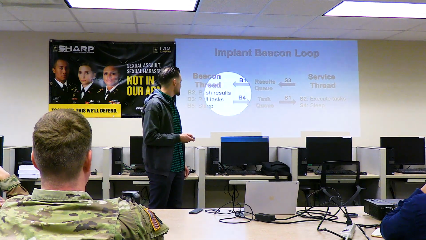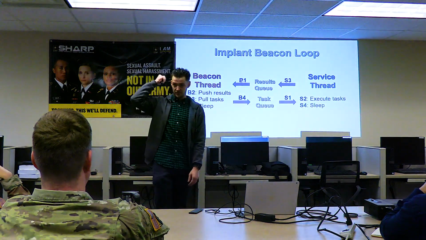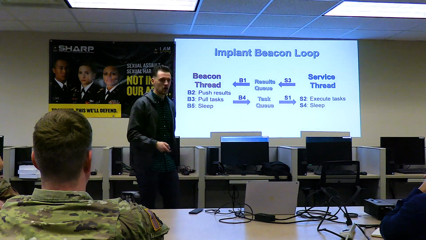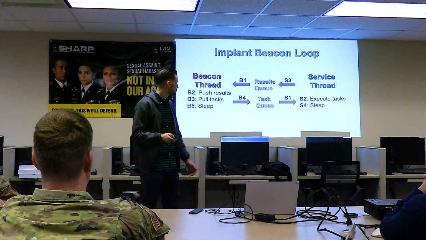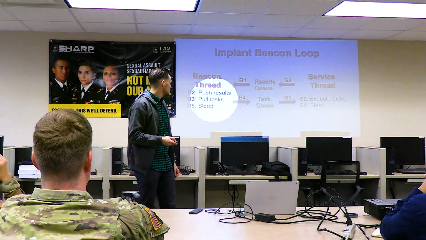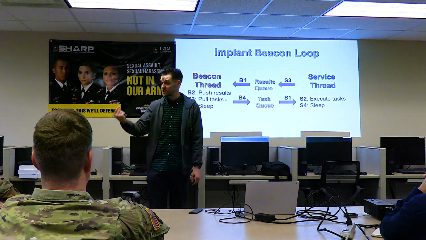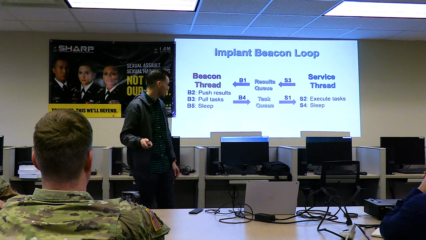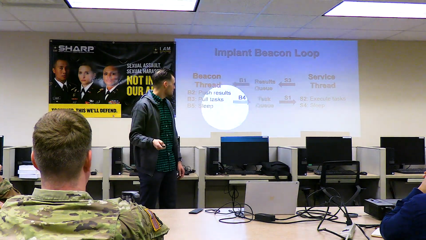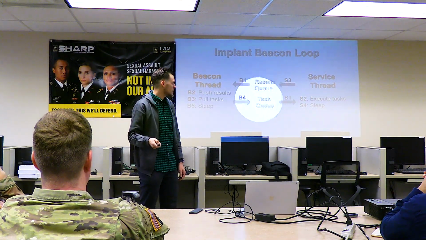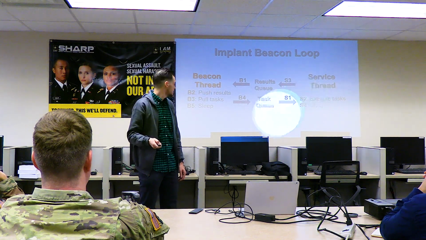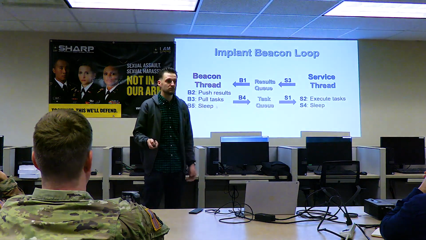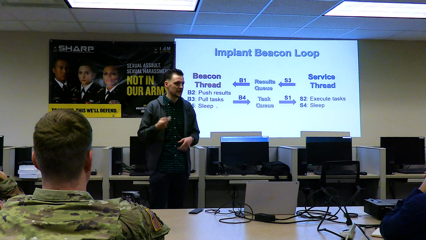The second step is that it pushes the results to the CNC server, right? And we just saw how to do that with curl, basically. The third thing is it's going to pull tasks, right? That's the response from the server, a JSON blob, and it's going to have to marshal that. And the fourth thing is it pops those tasks into the queue, and then it goes to sleep for a while. Really straightforward. It's nothing complicated, right?